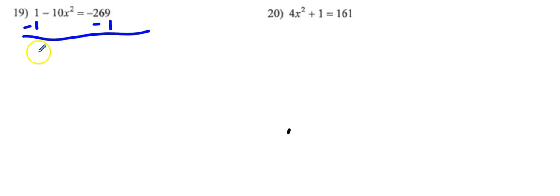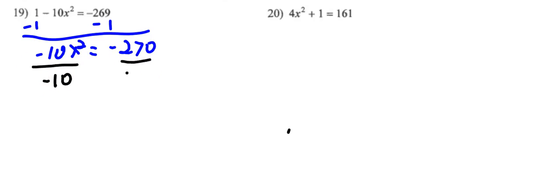We have negative 10x squared equals negative 270. We might as well divide both sides by that negative 10. So now we're getting close. We have x squared equals 27.